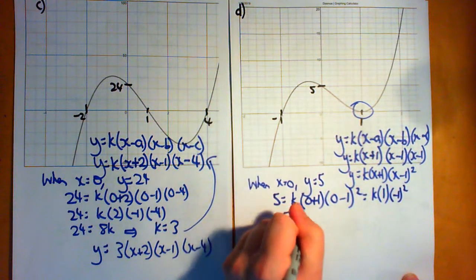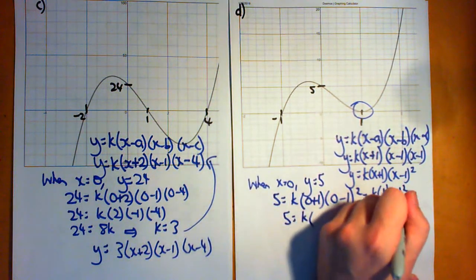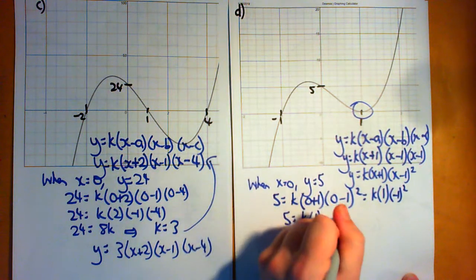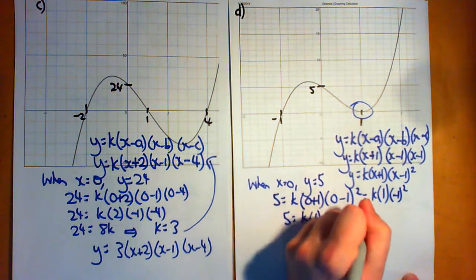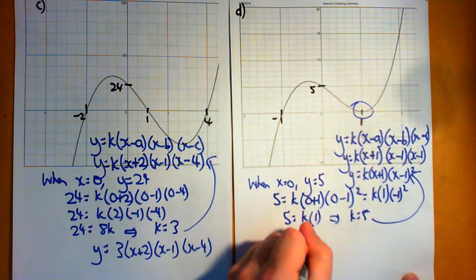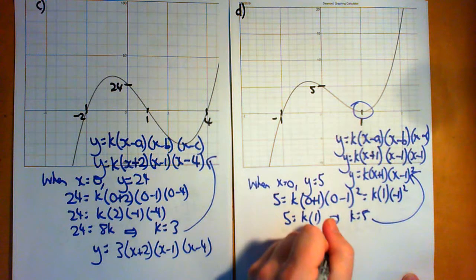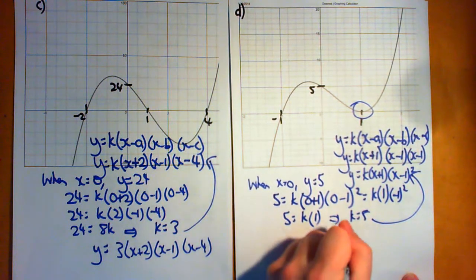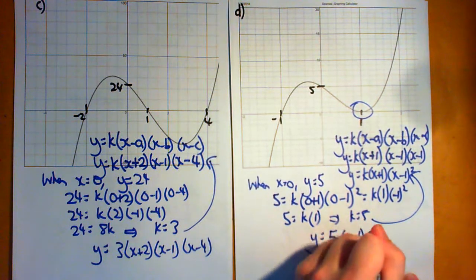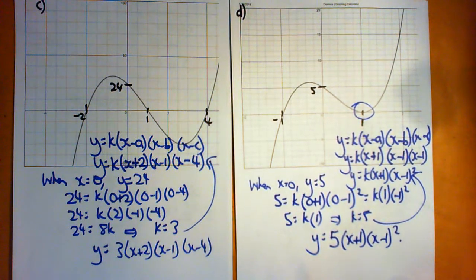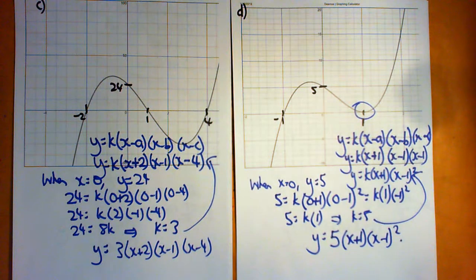So 5 equals k times 1 times 1, and therefore k equals 5, which can be substituted back into that line. So we've found k, and y equals 5(x + 1)(x - 1) squared is the equation of that particular cubic.